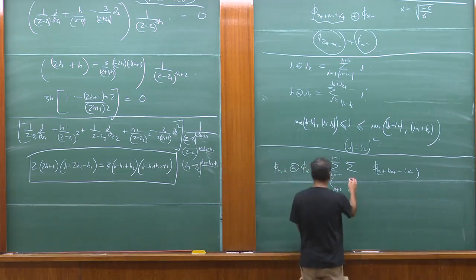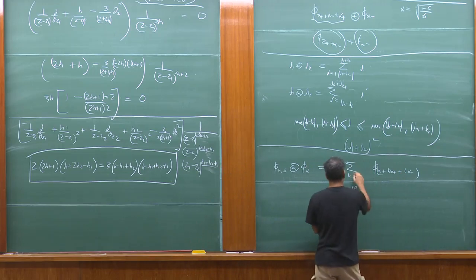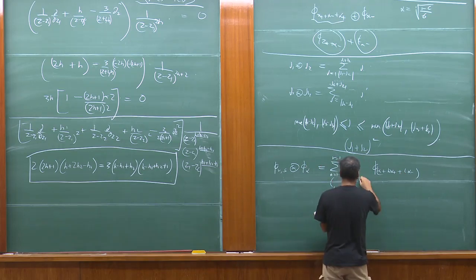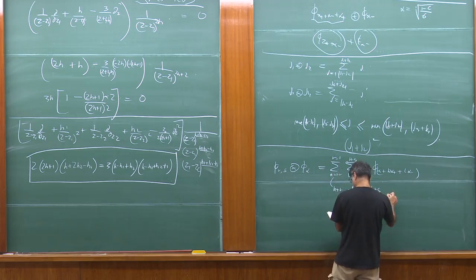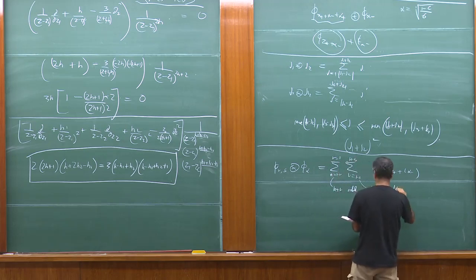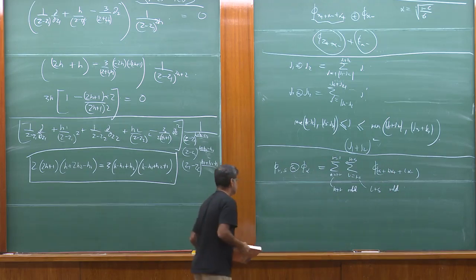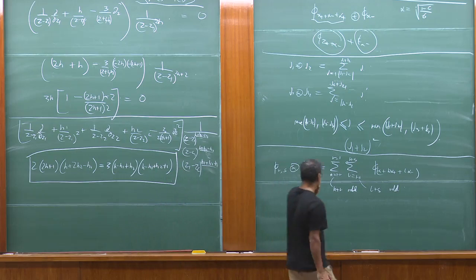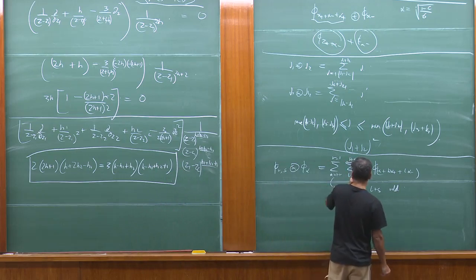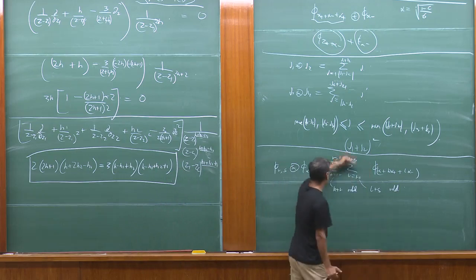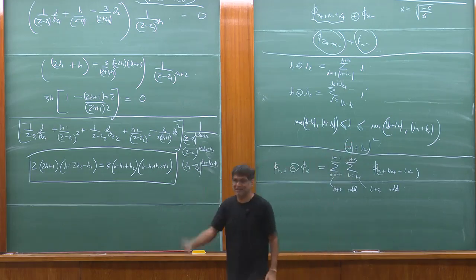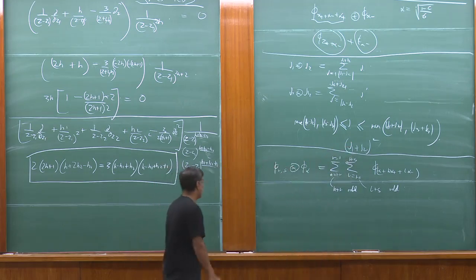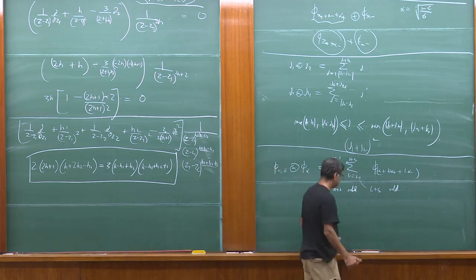And similarly L is summed from 1 minus s to 1 plus s, but L plus s is odd. So we go in this range, but sum only over odd values.